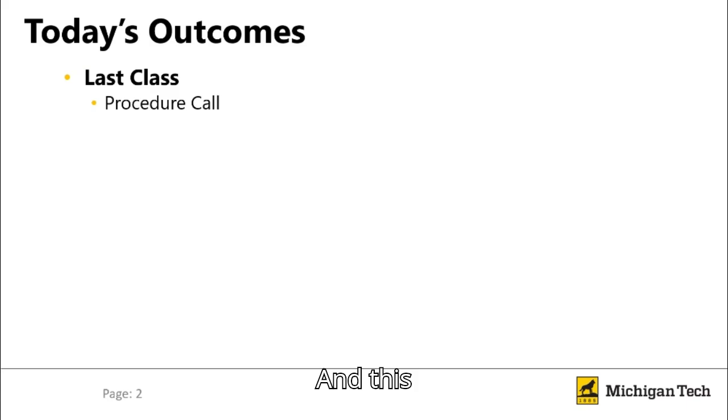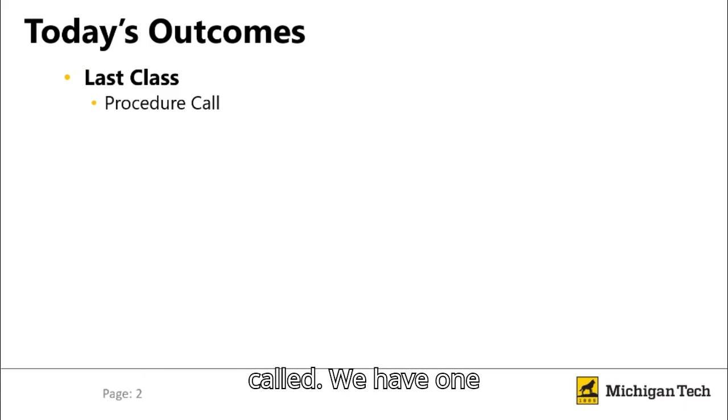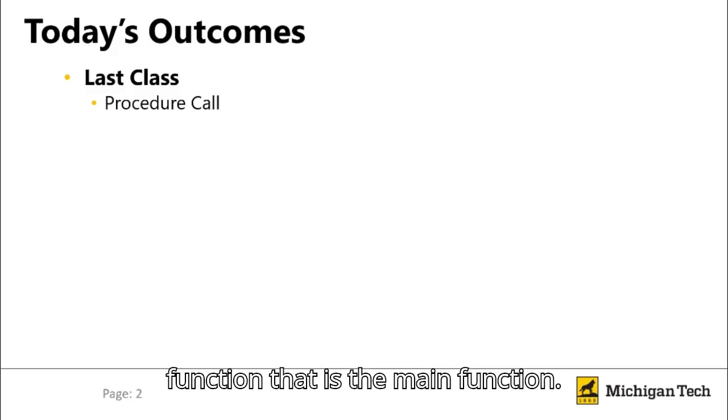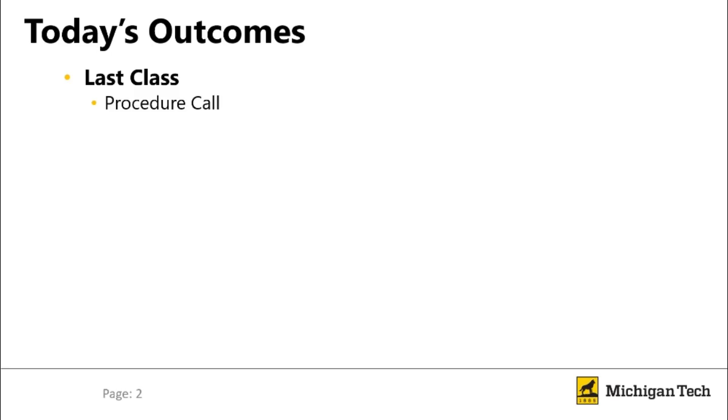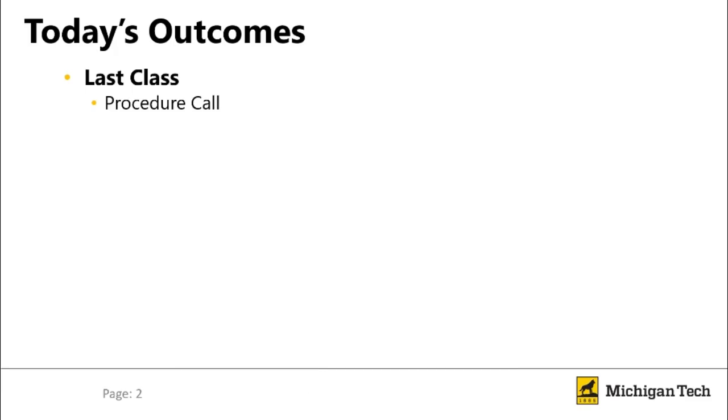And this function or procedure needs to get called. We have one function that is the main function. We call that the caller. And when we call another function, that function is called the callee. So this caller and callee make up the procedure call.